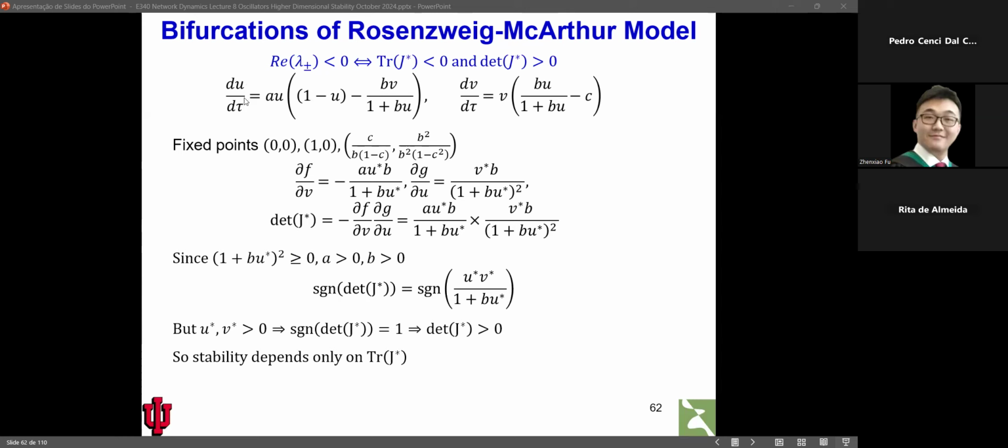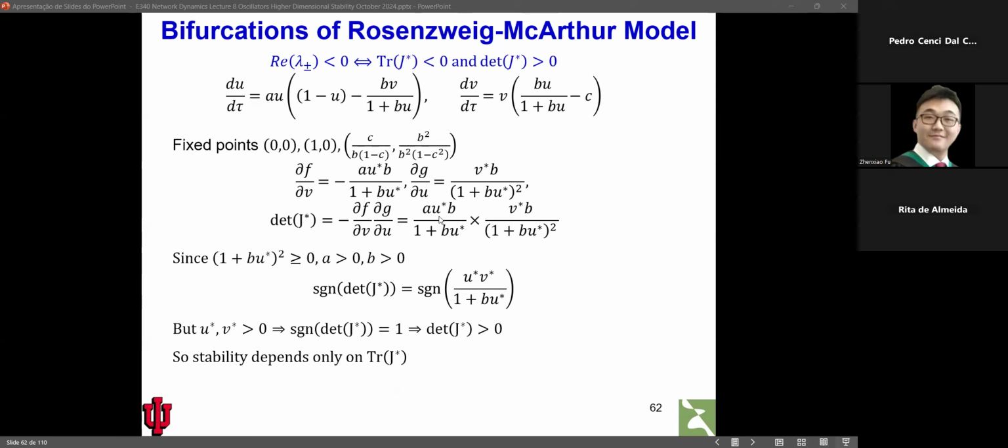Now, again, this is du/dtau, dv/dtau, and you have all these fixed points. So you calculate this, putting dv equal like this, then you have this fixed point. So df/dv is going to have this point.